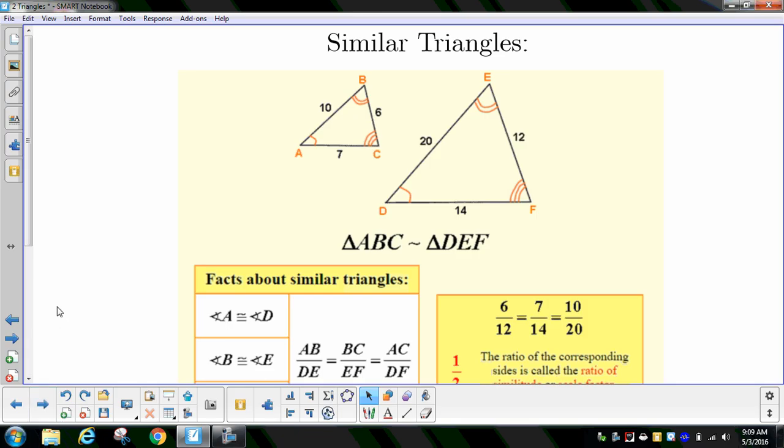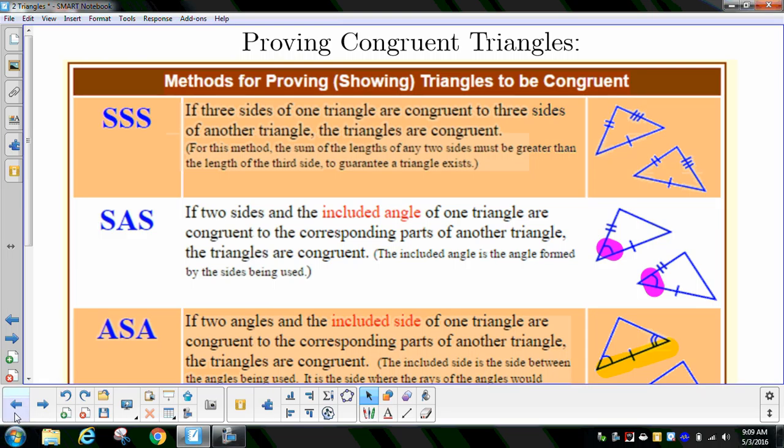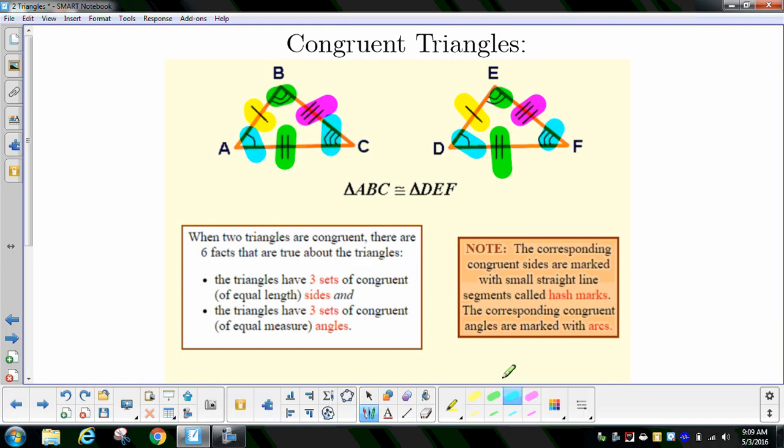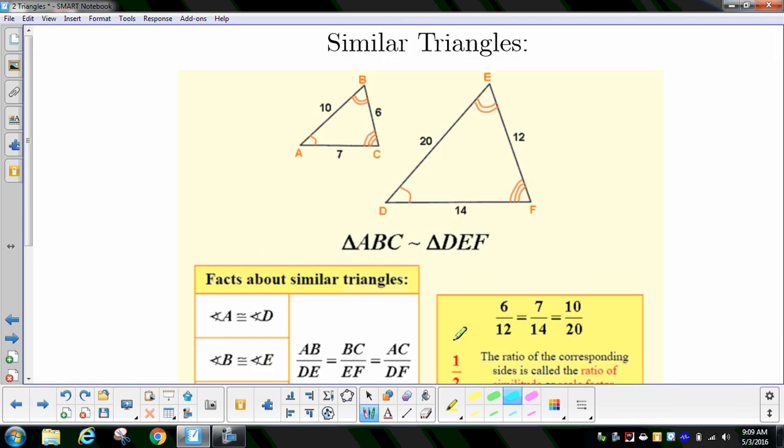Similar to that would be similar triangles. Let me go back real quick and highlight that that's the symbol for congruence. And now notice the difference. The symbol for similarity is just the little squiggly line. These triangles aren't going to be the same size. They're going to be similar, though.